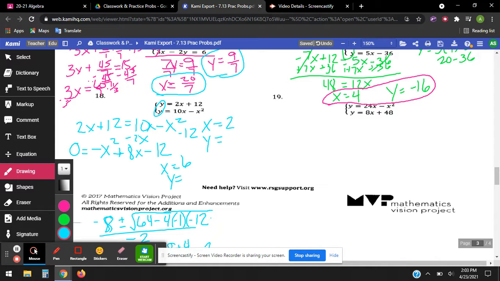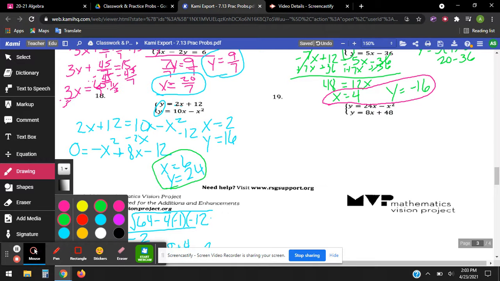So when x equals 2, let's just go ahead and use the first one. 2 times 2 is 4, 4 plus 12 is 16. 2 times 6 is 12, plus 12 is 24. So I actually have 2 solutions on this one. Because it's the x squared, it probably goes like this and then crosses like that. So there ends up being 2 solutions.